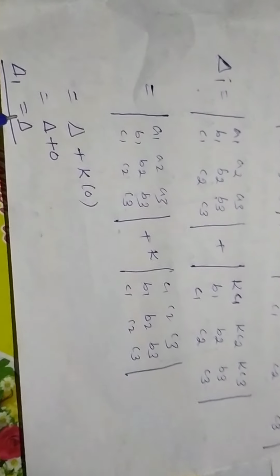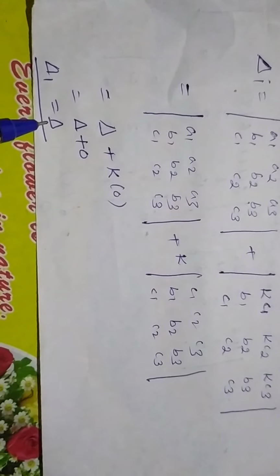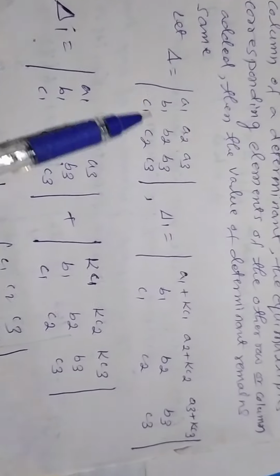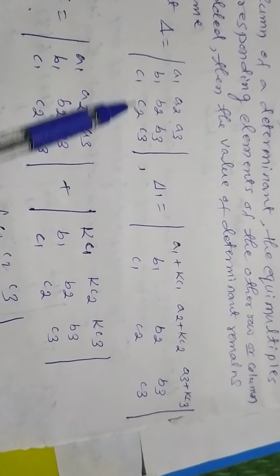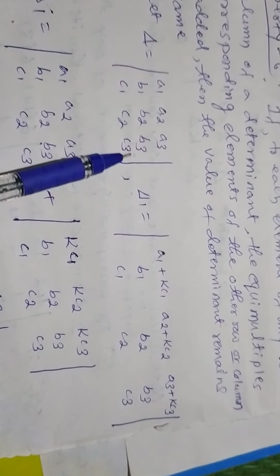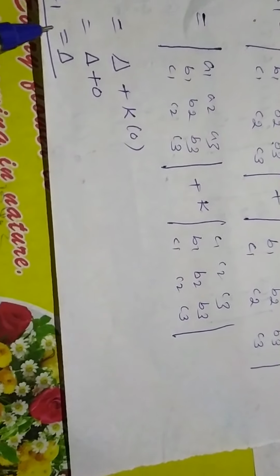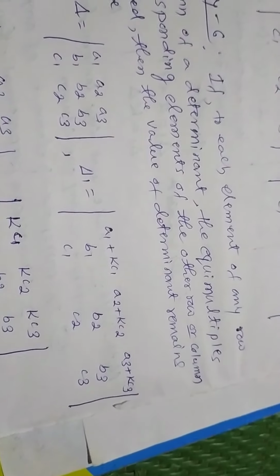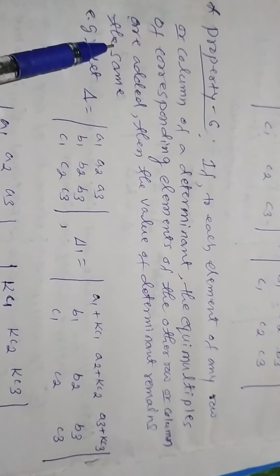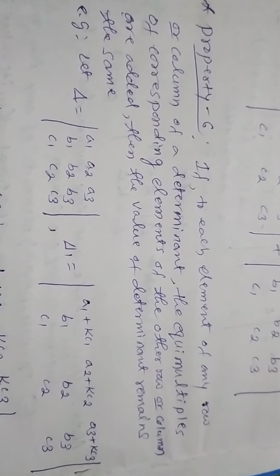See, the value is always the same as delta. Even though you multiplied k with R3 and added the equimultiples to R1, after simplifying you get the same result, that is delta. Then the value of the determinant remains the same. There is no change in the value. So this is property 6.